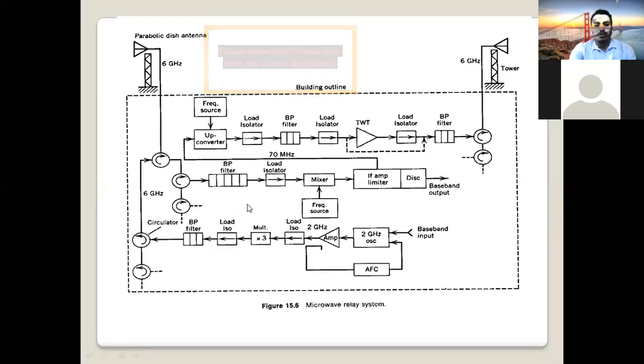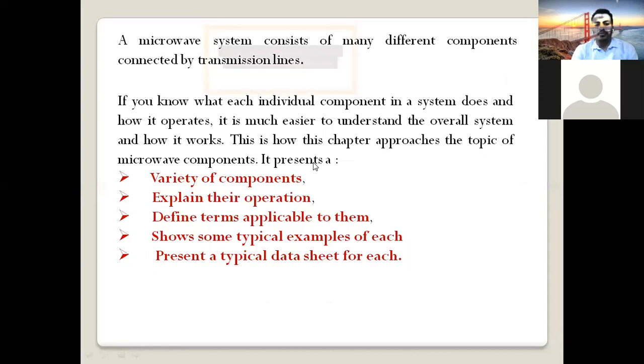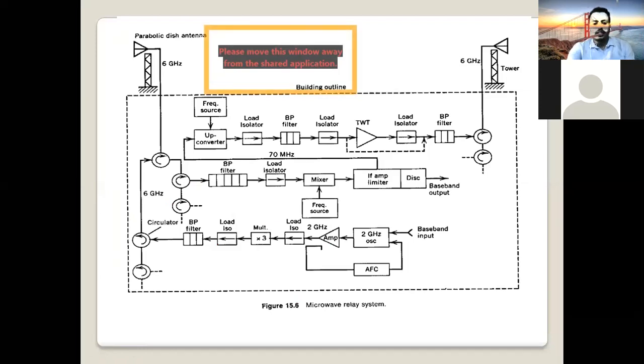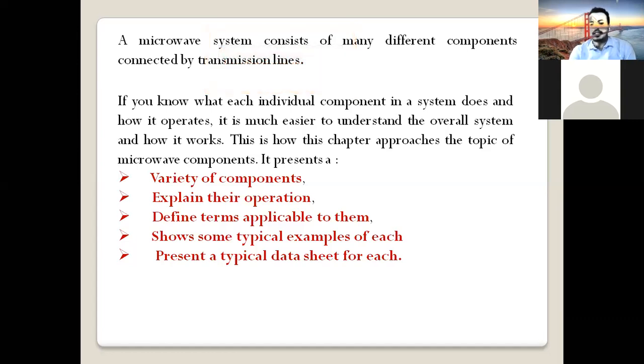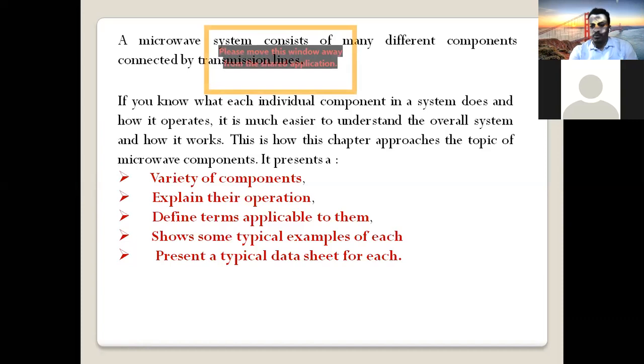Now, why do we need to discuss each individual component? As you can see on the slide, if you know what each individual component in a system does, and if you know how it operates individually, then it's much easier to understand the overall microwave systems for different applications: radar, satellite, microwave telephone relay systems, broadband wireless systems, all these microwave systems.